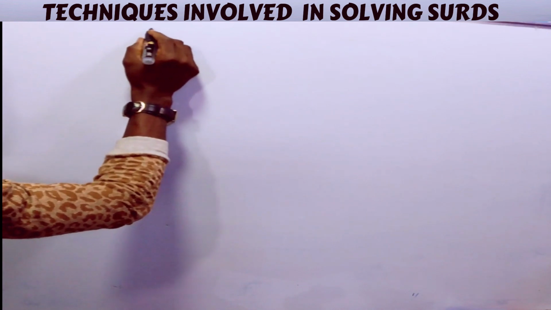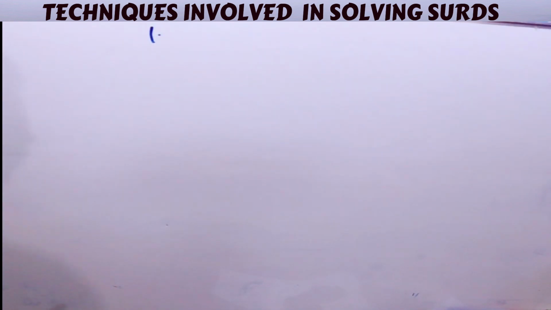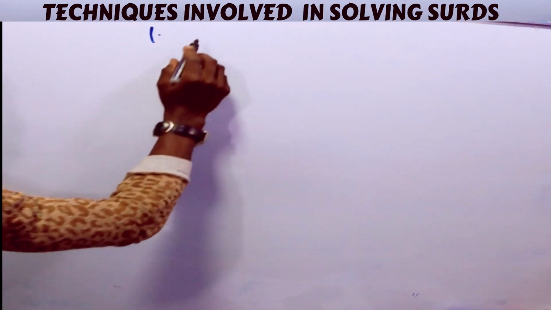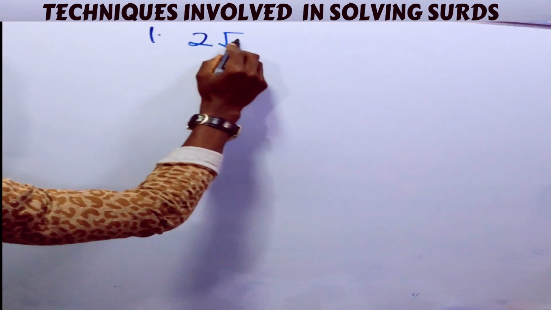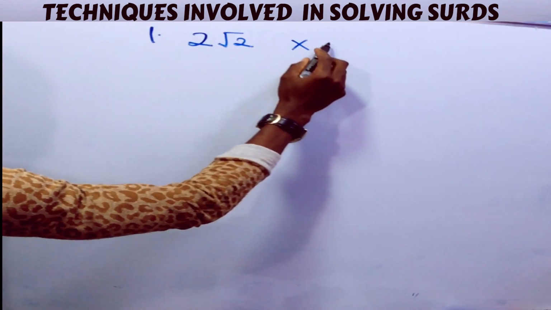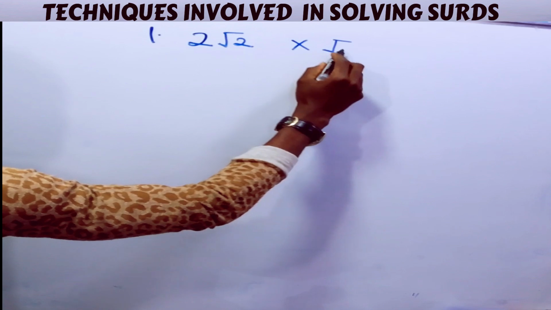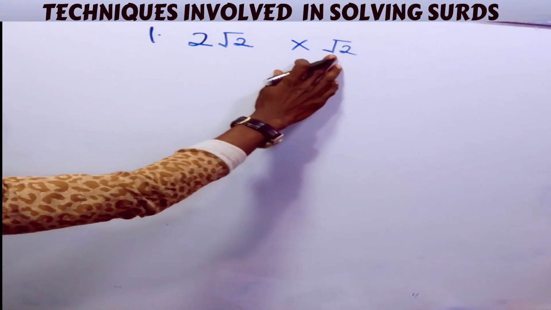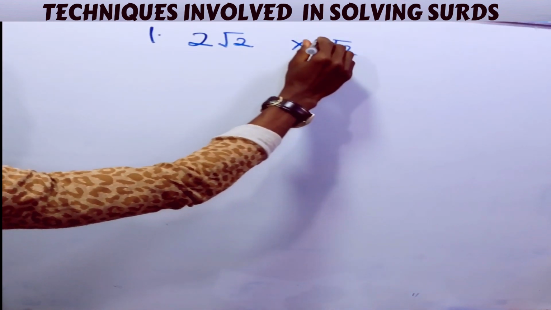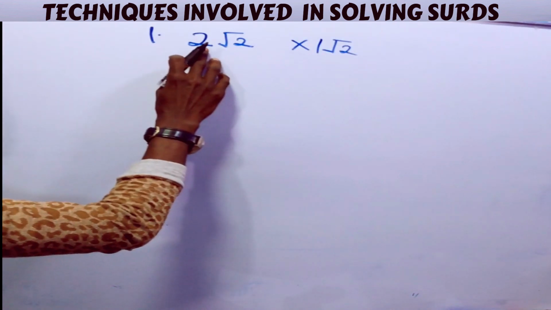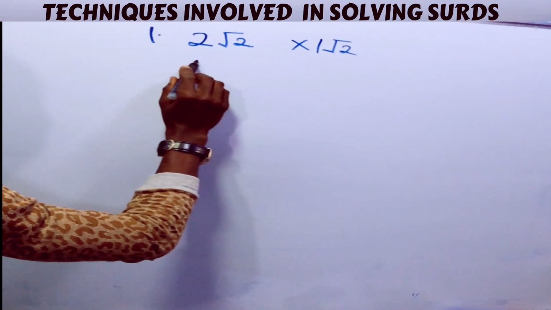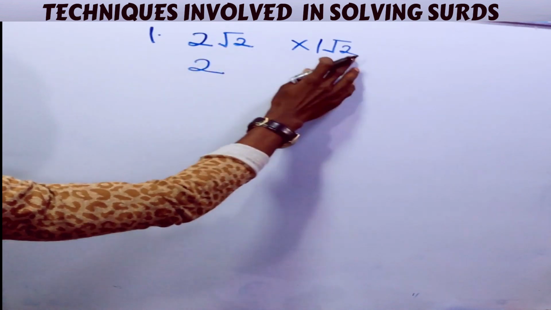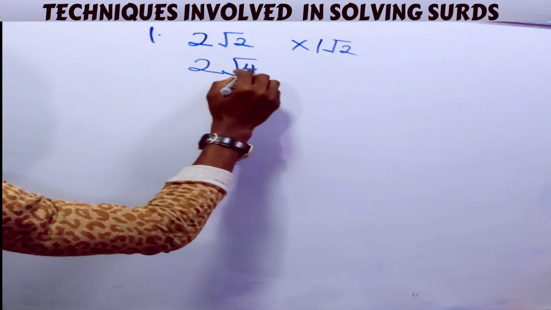Now let's check examples on the multiplication. If we have 2 root 2 times root 2, as we said earlier, root 2 is the same thing as 1 root 2, so that we have 2 times 1, which is still 2. Root 2 will multiply root 2, which is root 4.